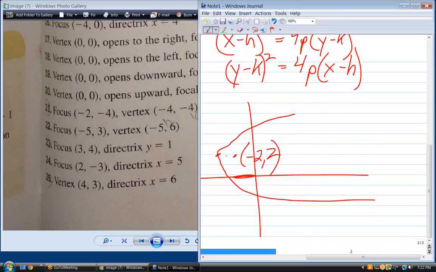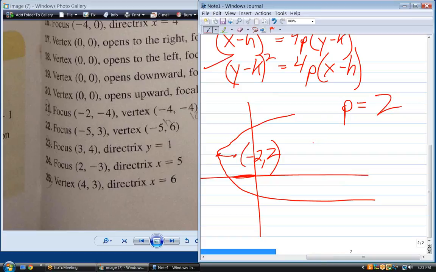What is my p? Wouldn't p be 8? I mean, p would be 2. p would be 2. Okay. So I am ready to write my equation. I'm going to write it exactly like that.